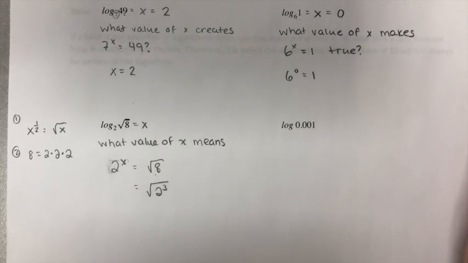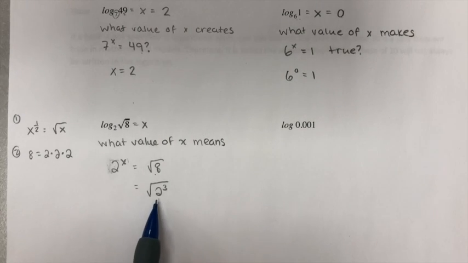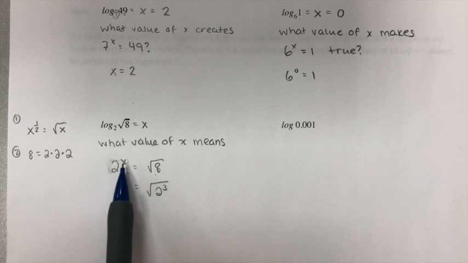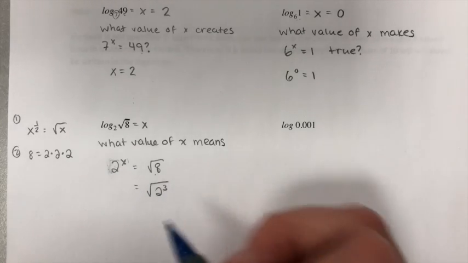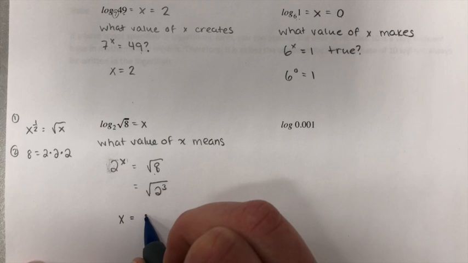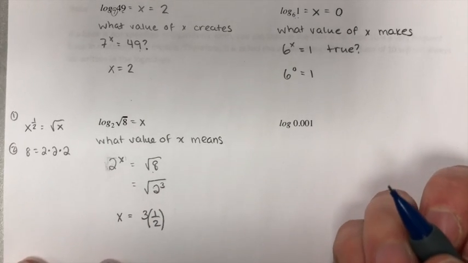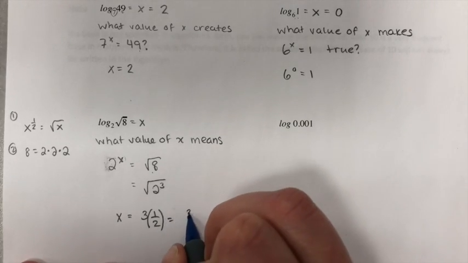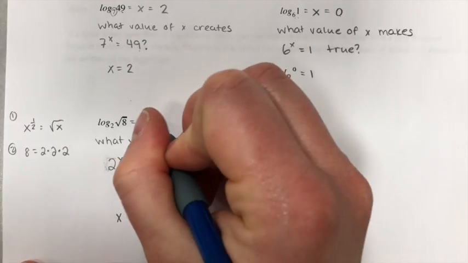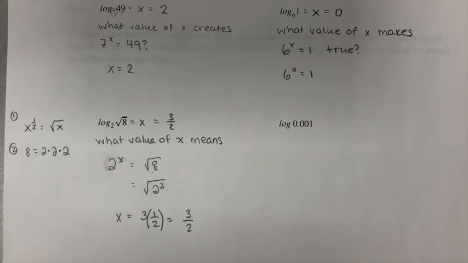Now I can say, okay, if I needed 2 to be cubed, and then it needs to be square rooted, my x has to be the 3 from the cube times the 1/2 that we know that square root means. And so my x is going to be equal to 3/2 in this case. Okay.